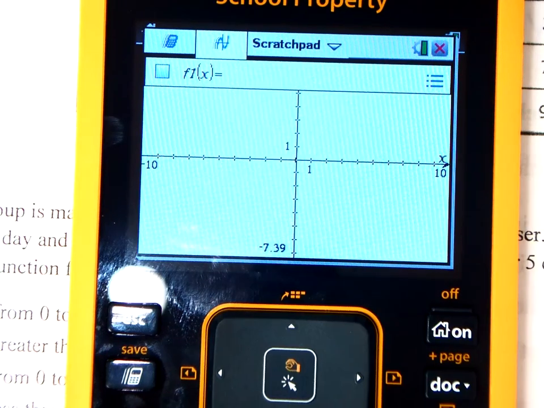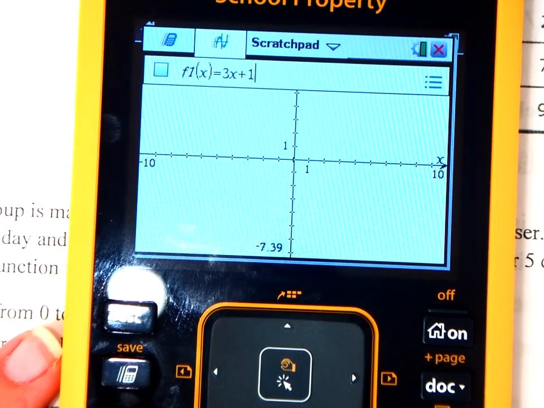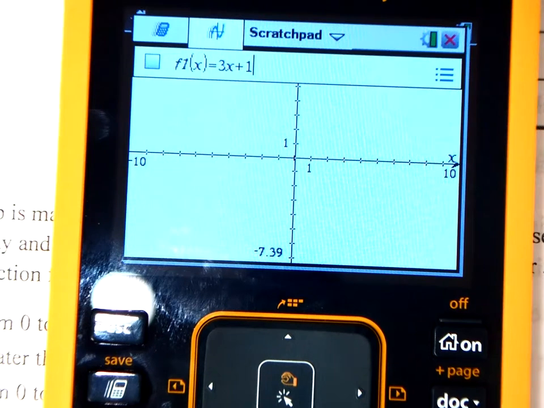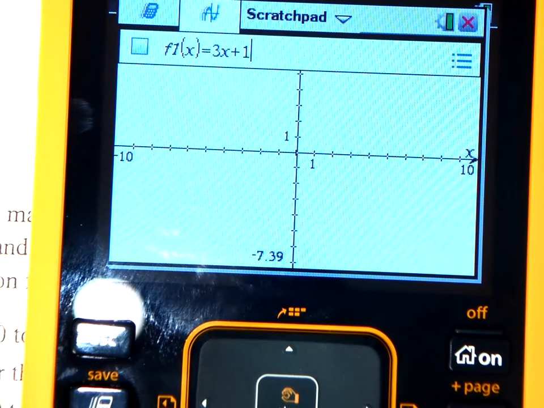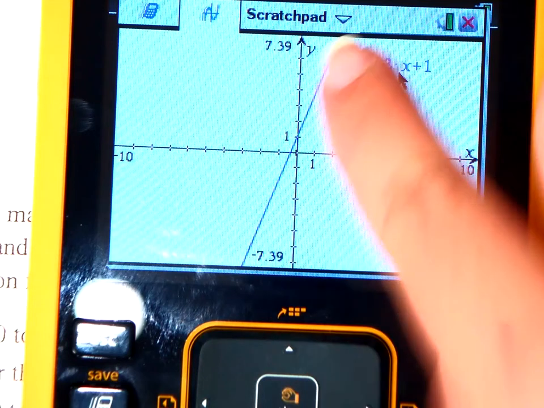Some of you will have that bar at the very bottom. That's fine. You're going to type that equation in, 3x plus 1. The x is at the very, very bottom, and the white buttons. Push enter. There's your line right there.